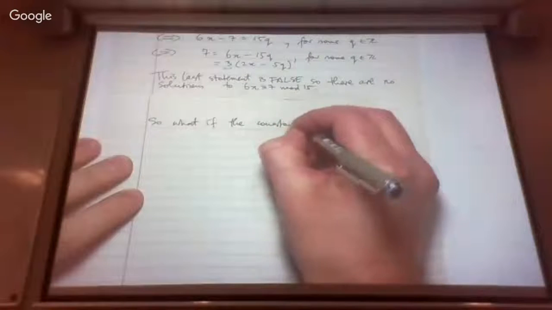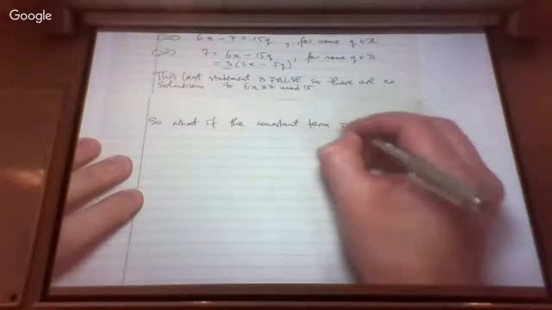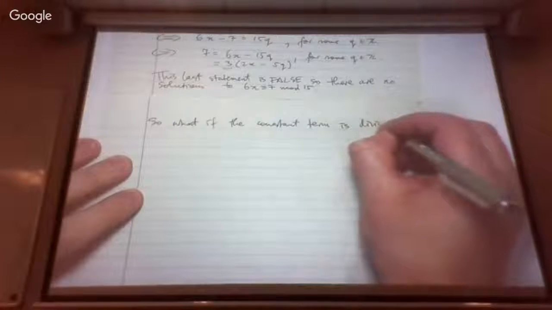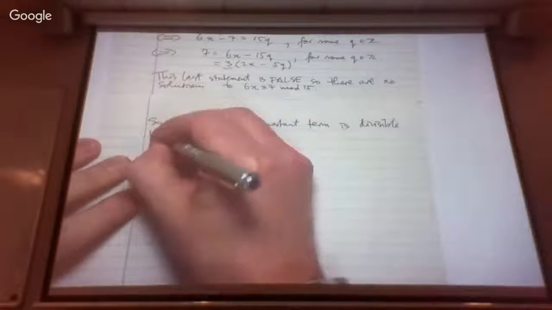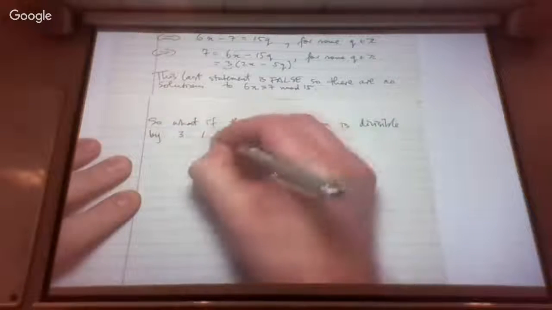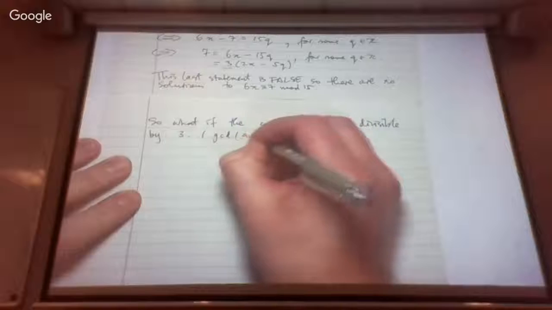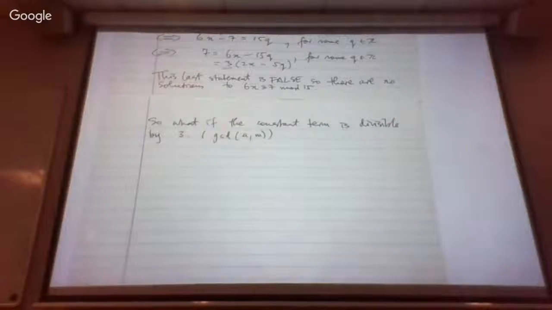What if the constant term is divisible by 3? By 3, I mean the GCD of A and M. So let's look at an example of this.